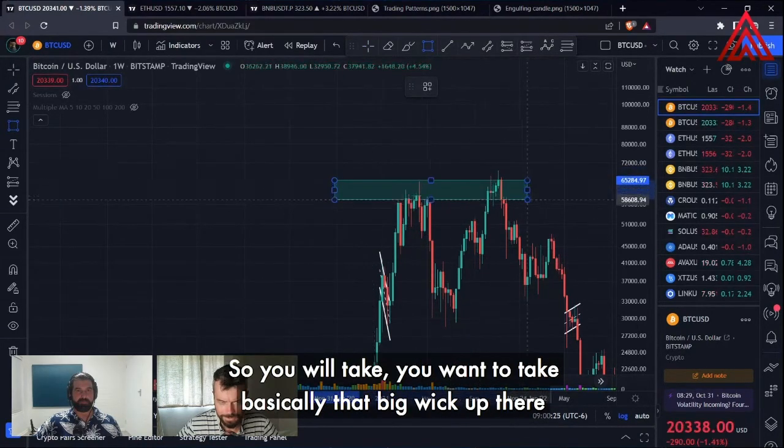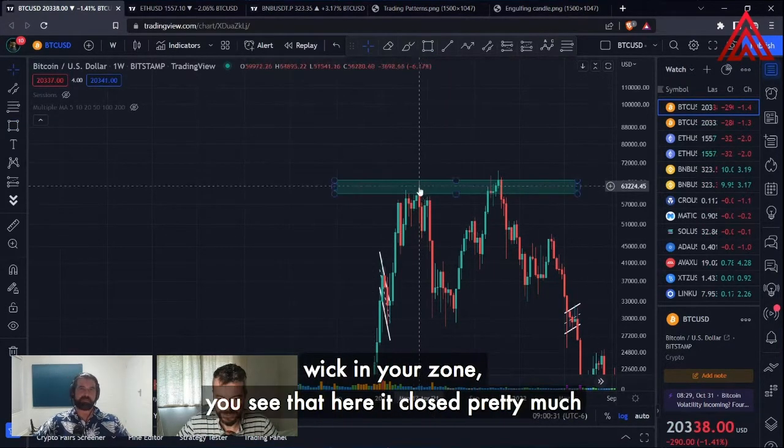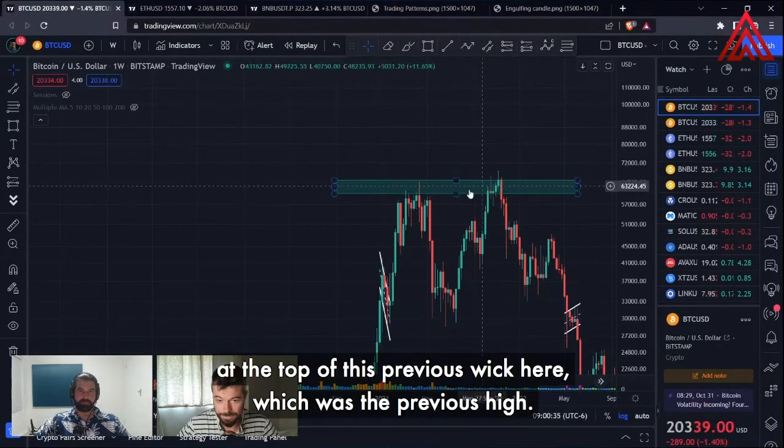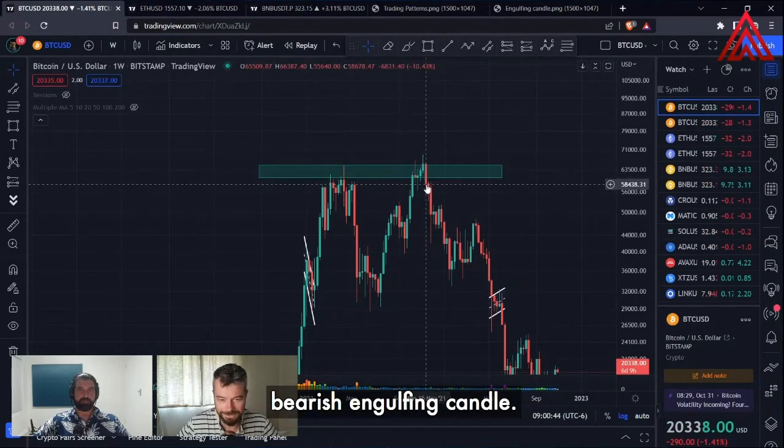Okay, so you want to take basically that big wick up there, and if you take this wick in your zone, you see that here it closed pretty much at the top of this previous wick here, which was the previous high. And then we've got a big engulfing candle, a bearish engulfing candle.